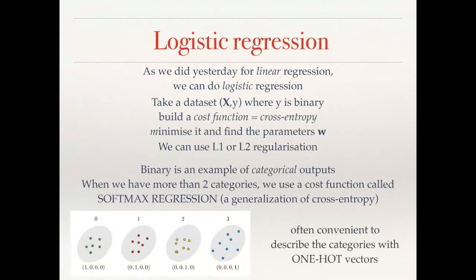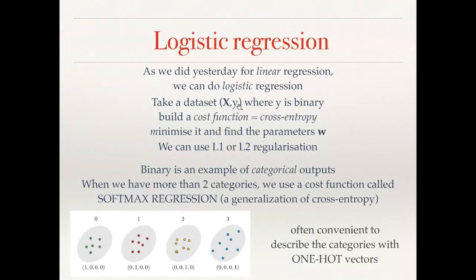Okay, so logistic regression is following the same procedure we followed yesterday in linear regression. We take a data set where now the outputs are binary. Yesterday your outputs were the number of rides that people were doing with their bikes, and the inputs were weather conditions, time, day, and so on.